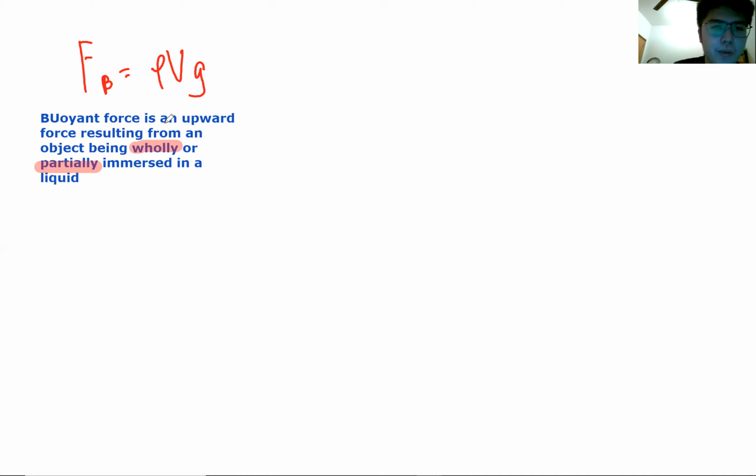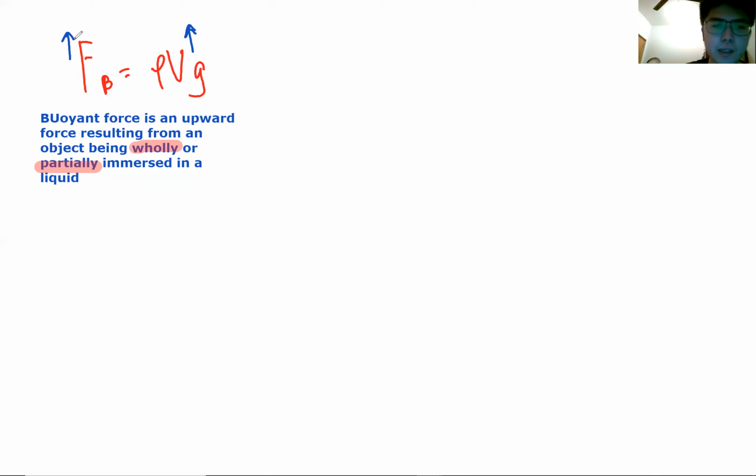Right, now this buoyant force depends on two things, the density and the volume. Now let's look at the volume first. If the volume of the submerged section is high, then my buoyant force is high.